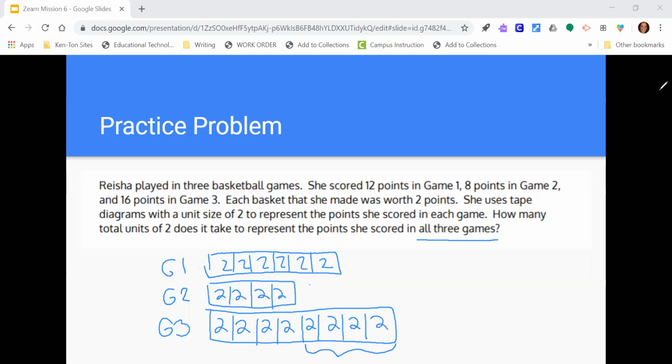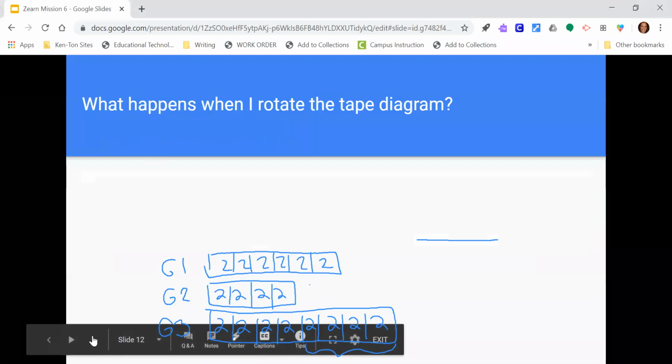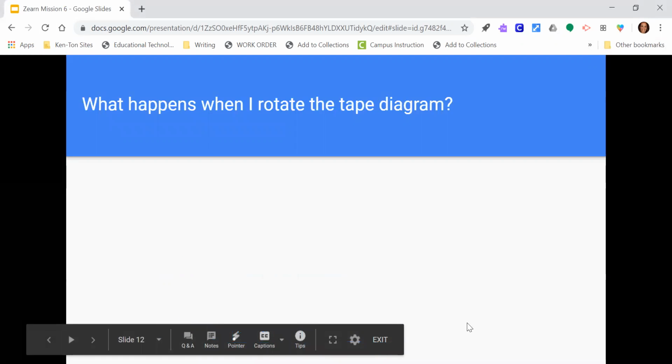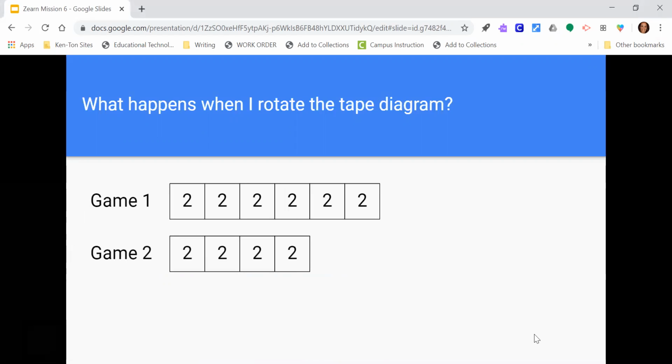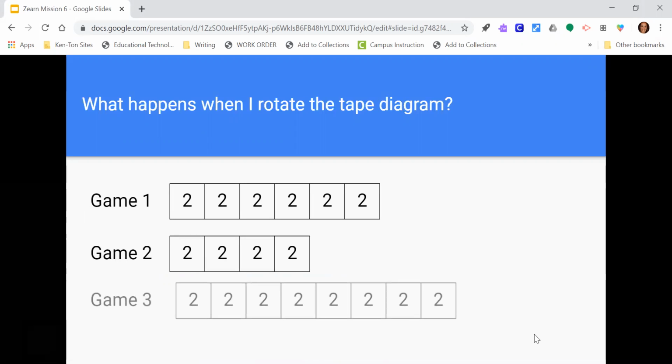So we figured out the total and we compared some of the total points per game. Let's see what happens now when we go to rotate that tape diagram vertically. Does anything happen? So here's game 1. There's game 2 and game 3.